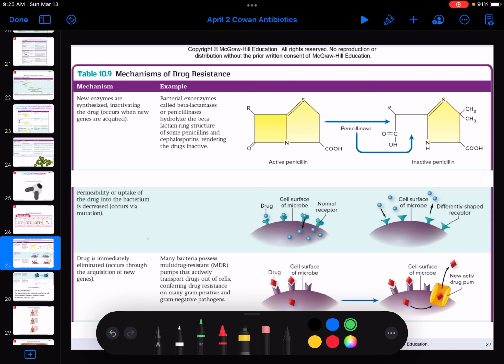In other cases, we have a reduced permeability, which sounds like it affects the cell membrane, but it actually affects proteins in the cell membrane. So the antibiotic would normally be bound by some receptor on the cell surface. Again, that receptor is a protein. It's not necessarily there to bind to the antibiotic, because why would a bacteria produce receptors that are going to make it susceptible or vulnerable to a threat?